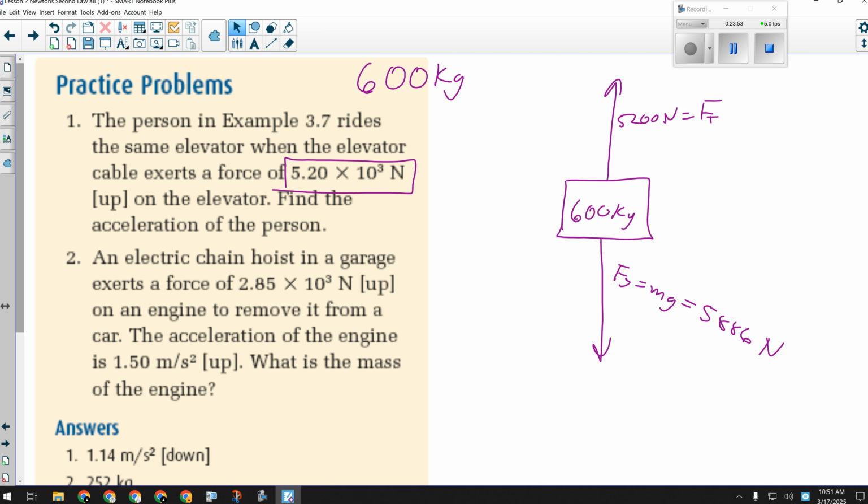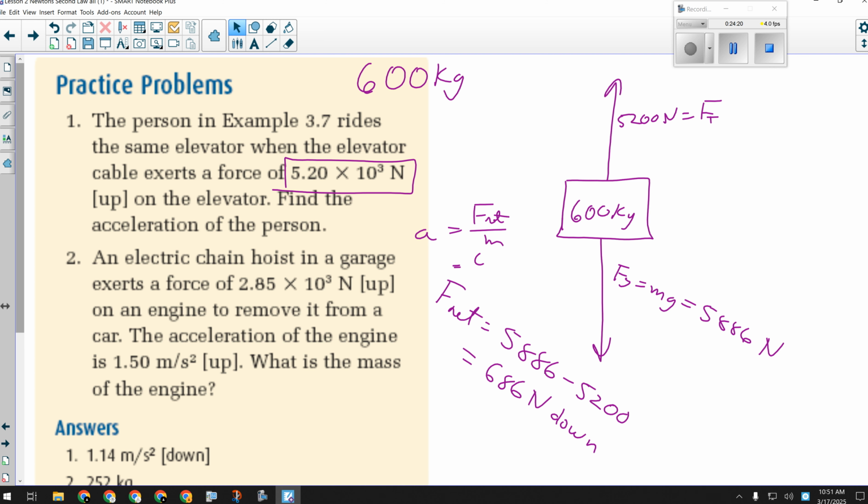So there's a force up, 5,200, and a force down, 5,886 newtons. Our F net, the vector sum of all forces, would be 5,886 minus 5,200. That'll give us 686 newtons down as our net force, and then it's just back to a equals F net divided by m.